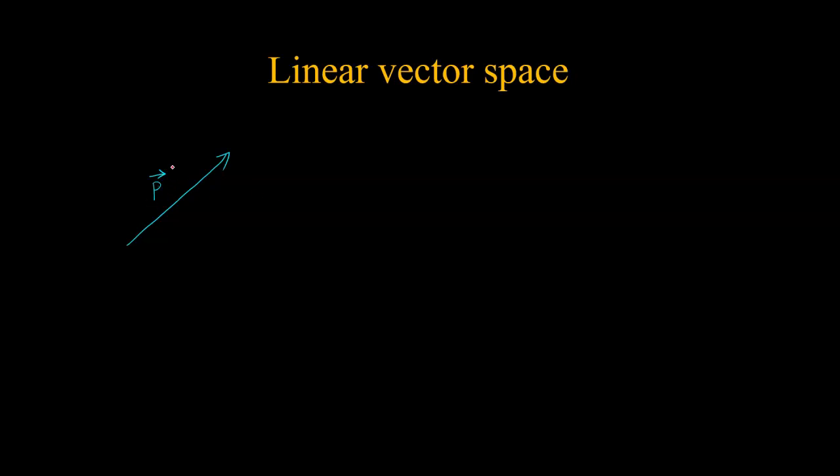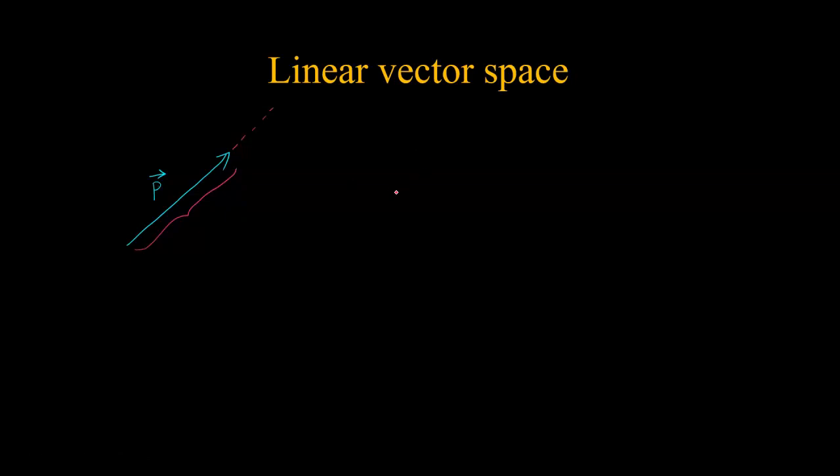This is the general representation, and graphically it is represented by an arrow with a tip, and this tip points towards the direction of that vector, and the magnitude of the vector is usually taken as the length, or in proportion to the length, of this arrow. So this is a vector.